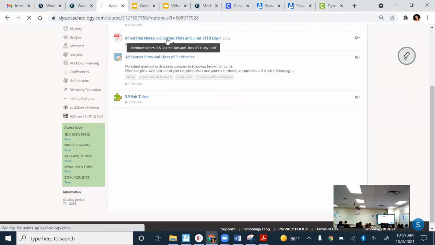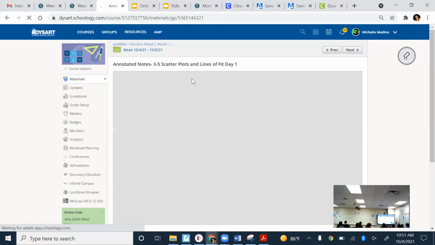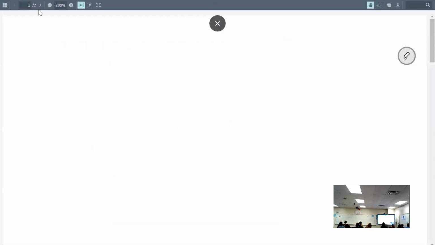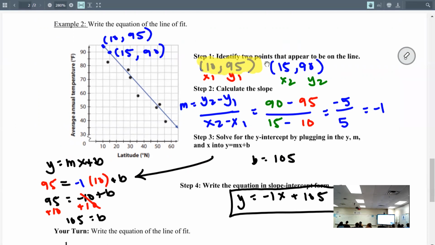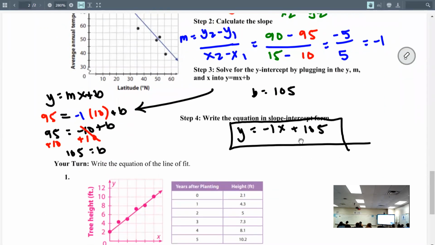We used a different set of points earlier today. We used 1095 and 1510. Same process. Isn't our answer really close to this? Negative 1x plus 105. That's why it should still be really close to one of the answer options. It just might not be exactly the same answer. Questions there?